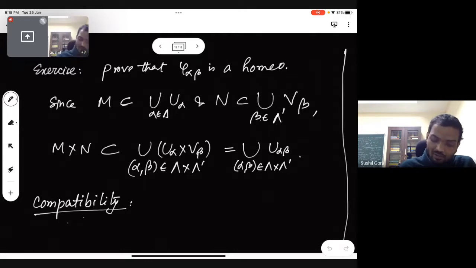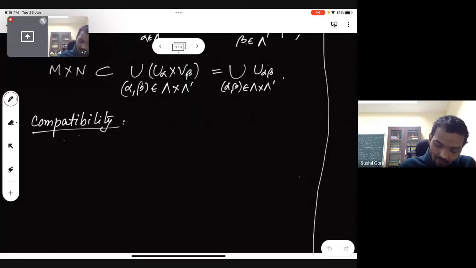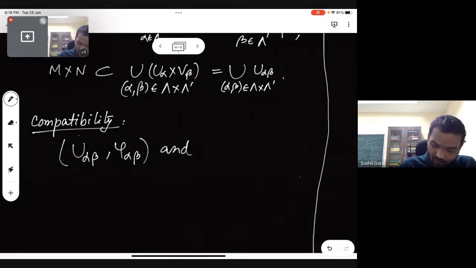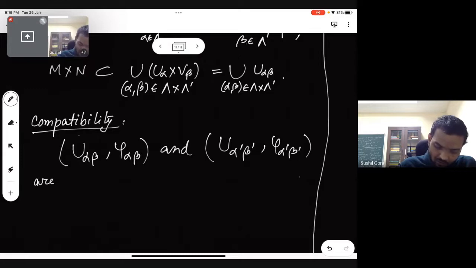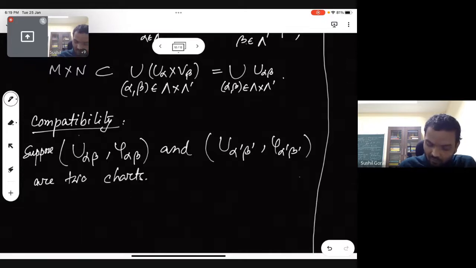And now compatibility. Compatibility means you have, let's say, U alpha beta, phi alpha beta, and U alpha prime beta prime, phi alpha prime beta prime, two charts with U alpha beta intersection U alpha prime beta prime non-empty.